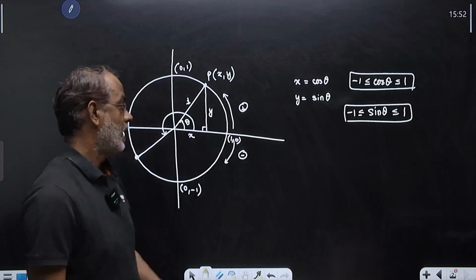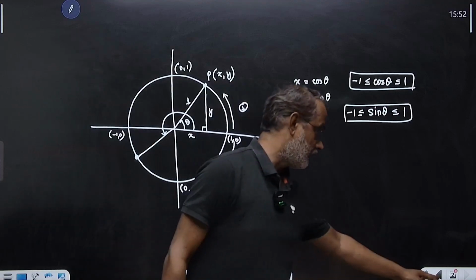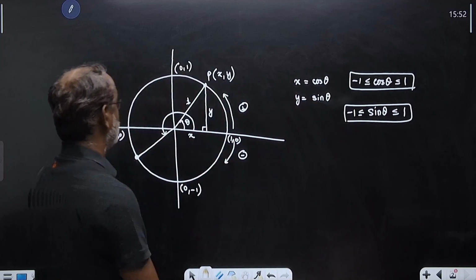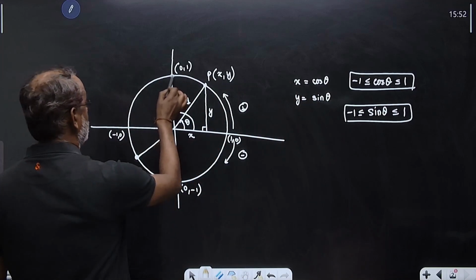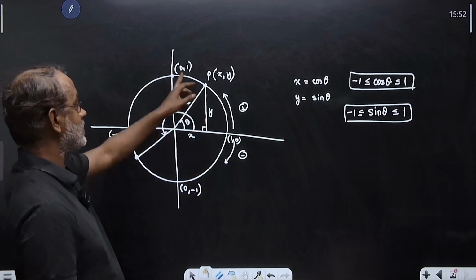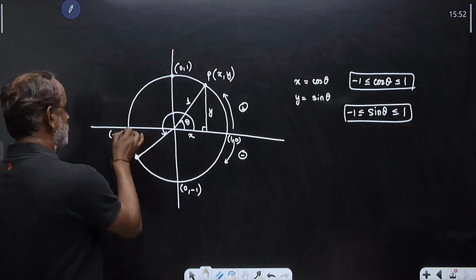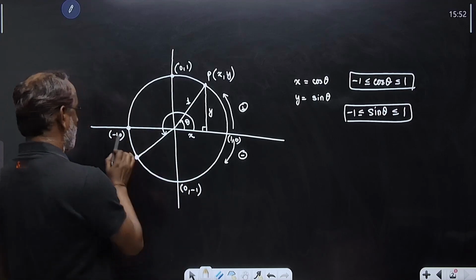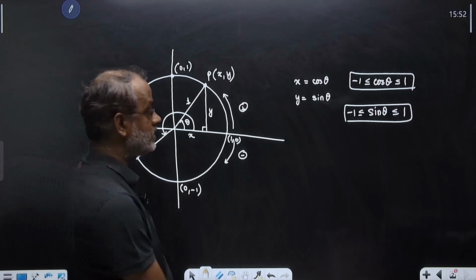The identities that we have gone through remain the same. You can understand that when you reach this point, tan theta is not defined because x is 0. When you reach this point, cot theta is not defined, because y is 0.